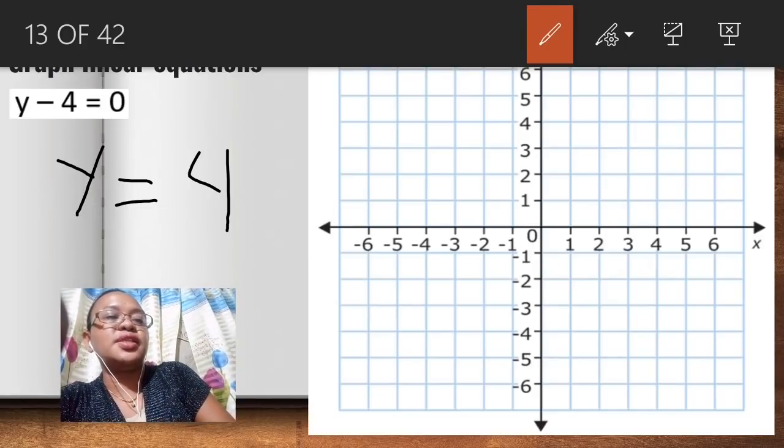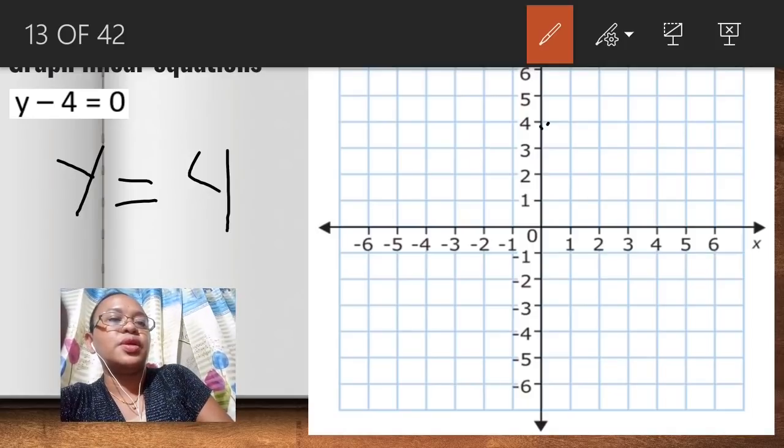So it is in here, this part, all of these here, y is equal to 4.